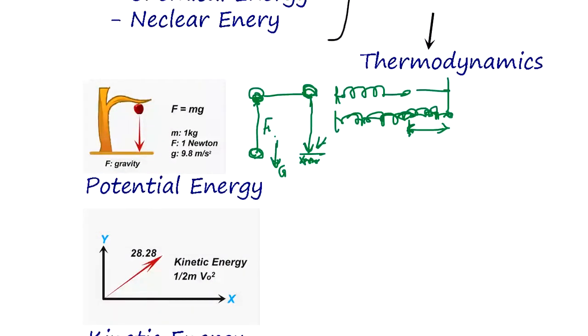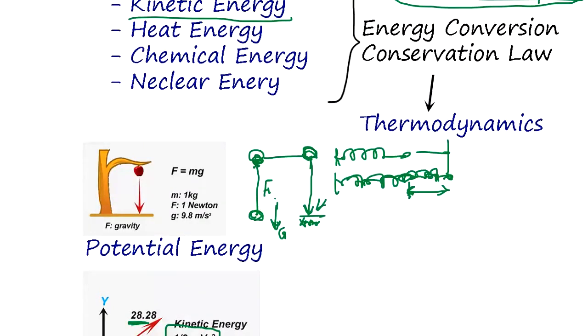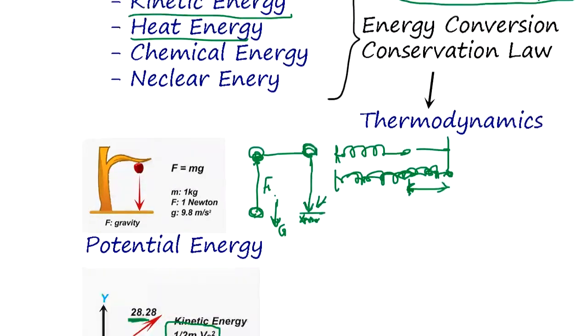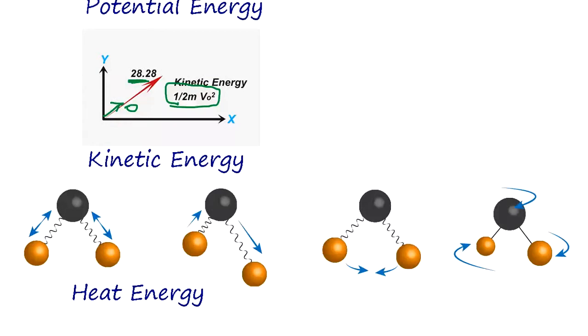So when you shoot out a cannonball, the initial speed is 28.28, and the kinetic energy is given by this speed. Okay, now we have heat energy. What is heat energy? Heat energy is like inside the molecule, the molecule vibrates, and electrons are also moving around.